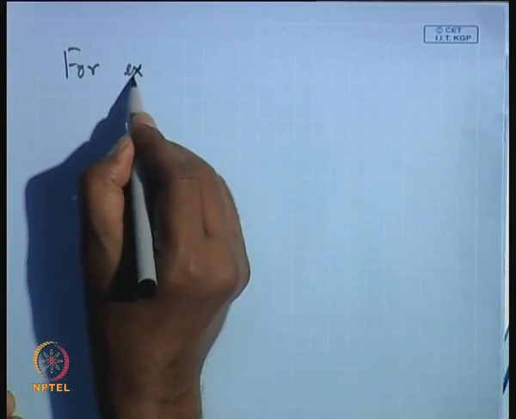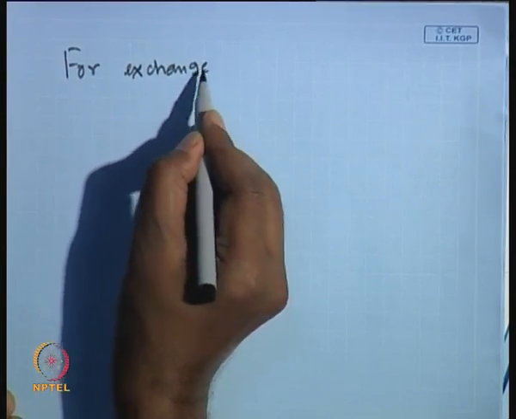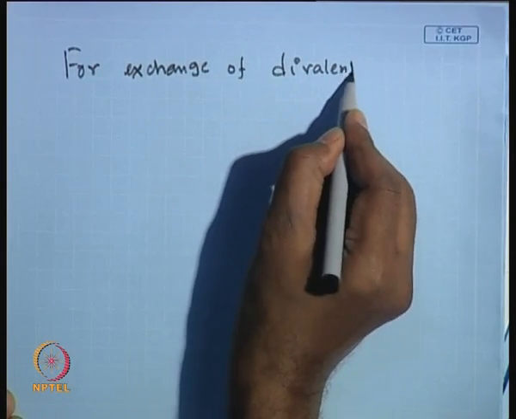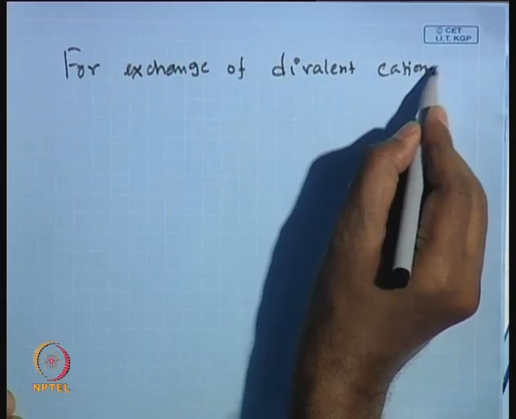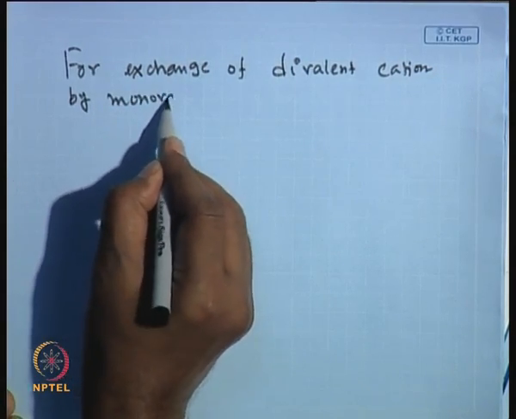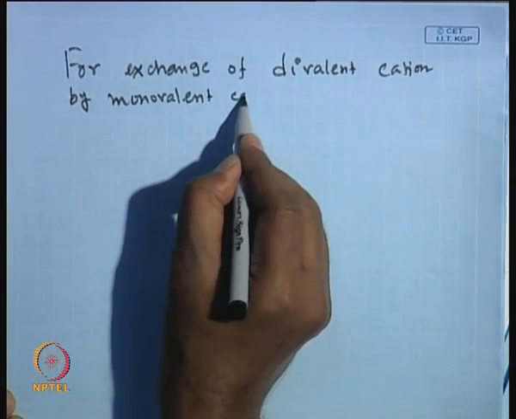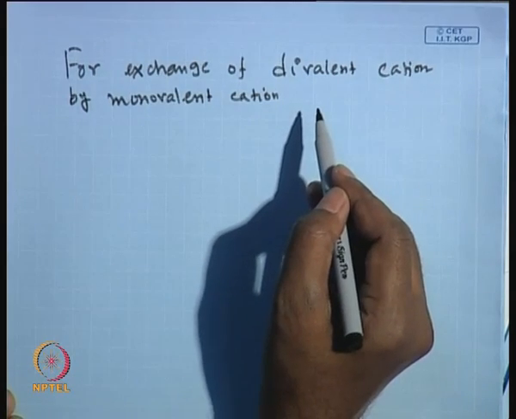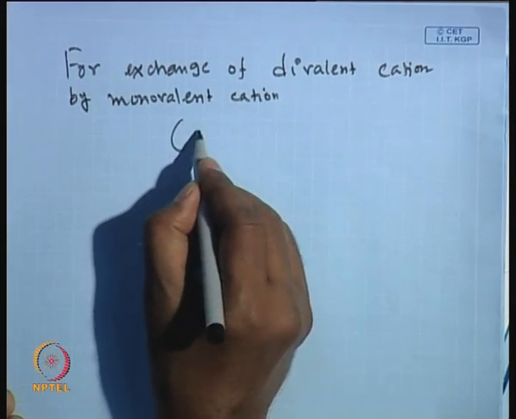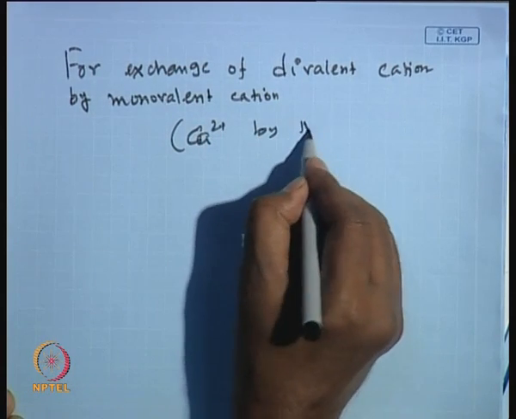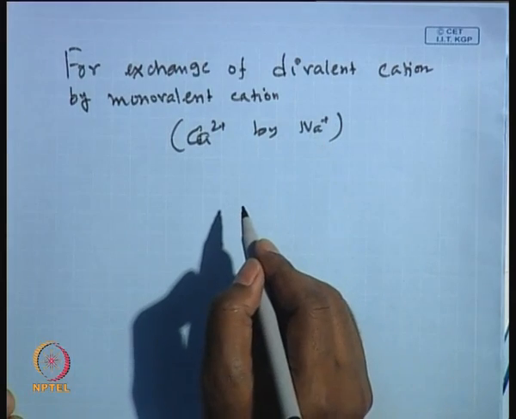For exchange of divalent cation by monovalent cation, that means divalent cation is present in the liquid phase and monovalent cation is present in the solid phase. That means I am talking about exchange of Ca2 plus from the solution by Na plus present in the resin phase. Okay.